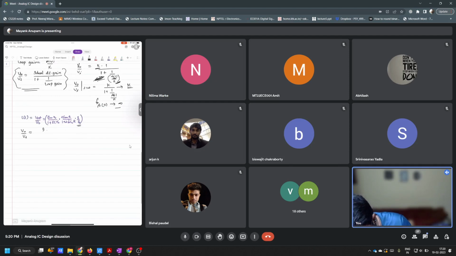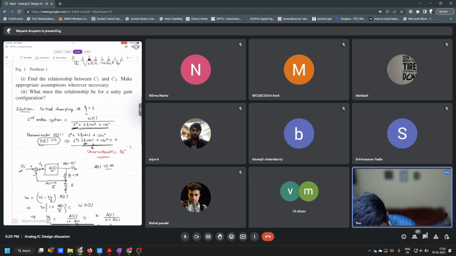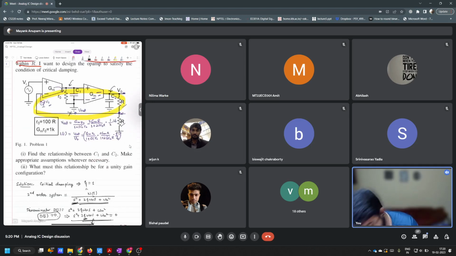It is equal to ideal DC gain divided by 1 plus 1 over loop gain. And what is the ideal DC gain here? I mean, if everything is working properly, the loop gain is infinity, what is the relation that this network is supposed to maintain between V0 and Vi?